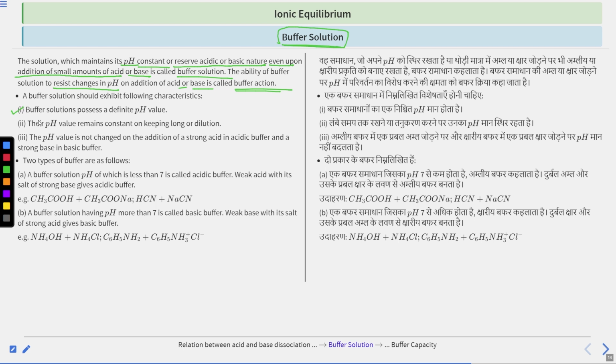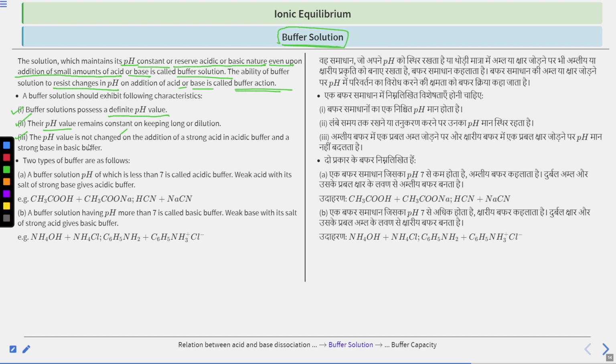First, a buffer solution possesses a definite pH value. Basically, as we are saying that a buffer solution has a constant pH, that means it should possess a definite pH value. Second, the pH value remains constant on keeping long or on dilution.